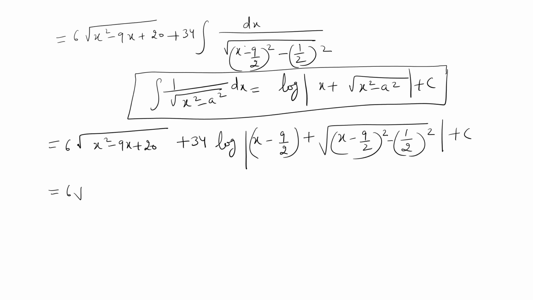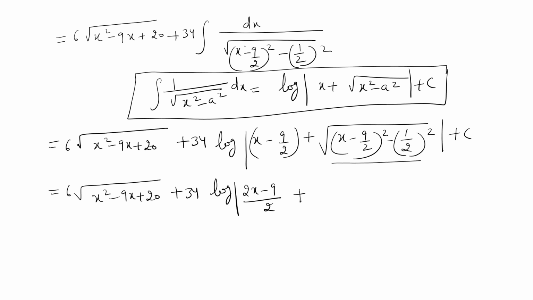So we may write it as 6 root of x square minus 9x plus 20 plus 34 times log of 2x minus 9 by 2 plus, now this originally came from this, so we can write it back like this, root of x square minus 9x plus 20, plus c, which is the required answer.